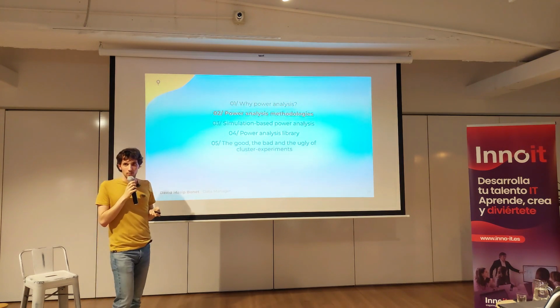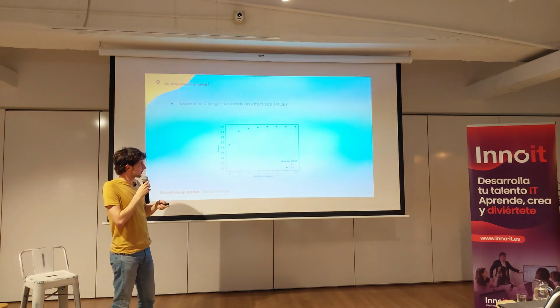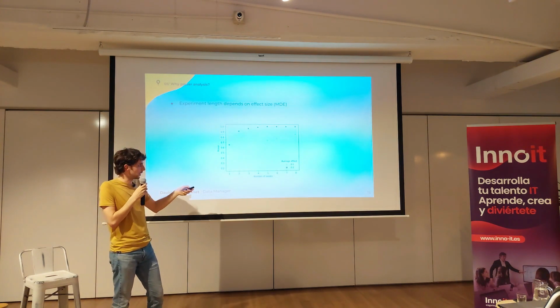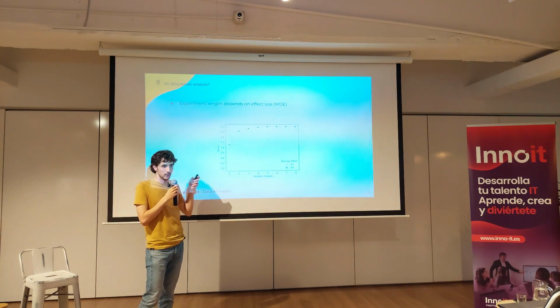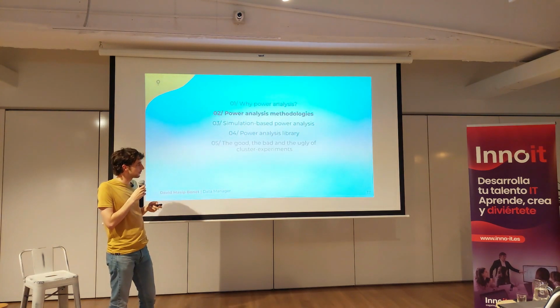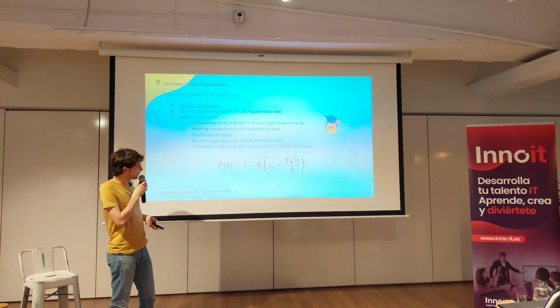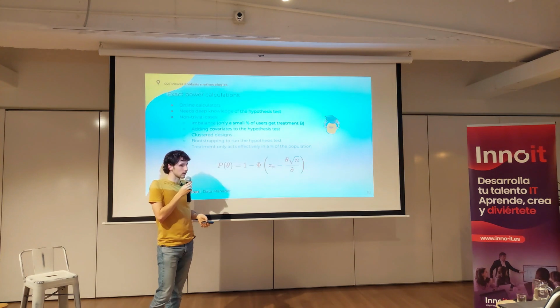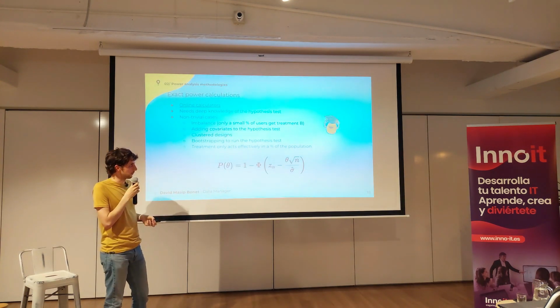Okay, and how? So we draw all these nice lines, and then how do we actually calculate power as a function of the number of weeks? This is what we need to decide to know experiment length. If you look on the internet, there are all these formulas, and you can apply them.